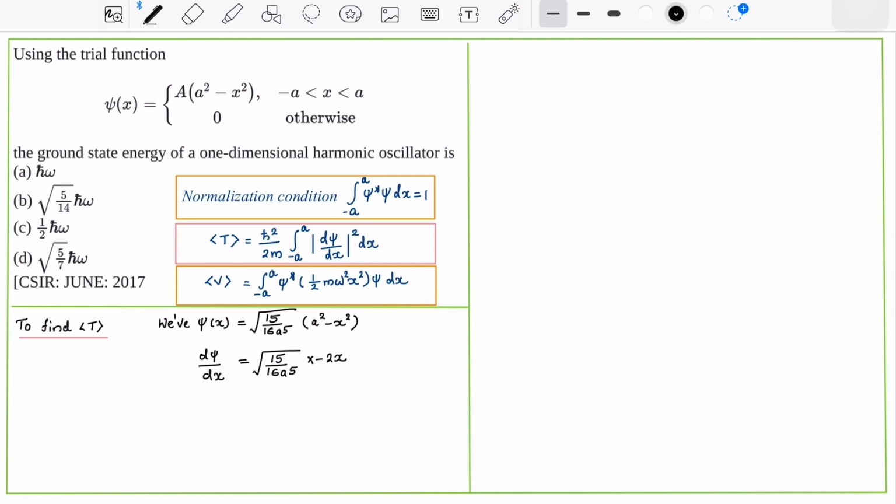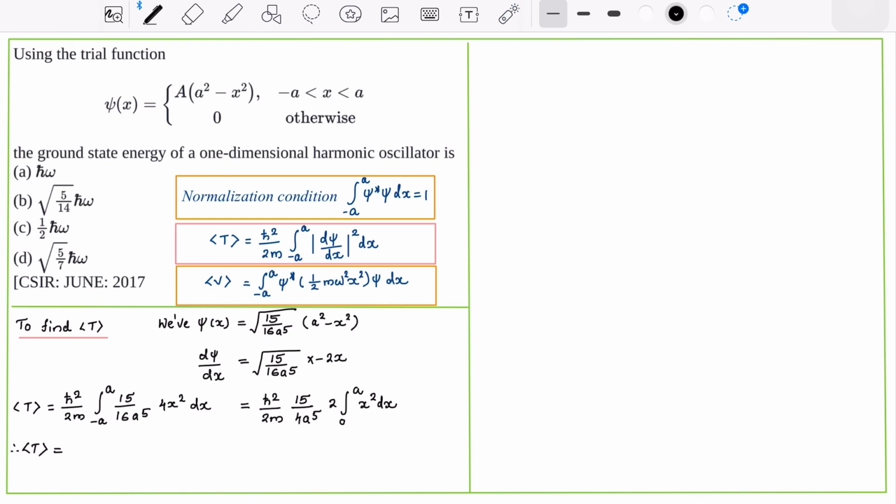dψ by dx is equal to root of 15 by 16a⁵ times minus 2x. Now the expectation value of kinetic energy is ħ² by 2m, integral from minus a to a, of root of 15 by 16a⁵ whole squared, then 4x² dx. This is equal to ħ² by 2m times 15 by 16a⁵ into 4, that is 15 by 4a⁵, now 2 times integral 0 to a x² dx.